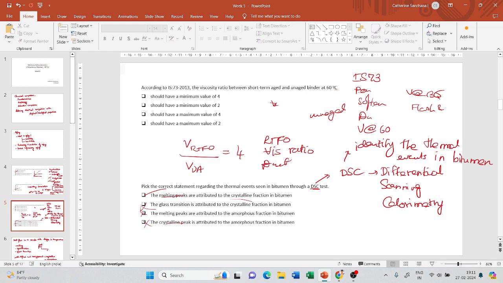If the ratio is more than 4, it means that your sample is highly susceptible to aging, right? Because your properties have drastically changed on aging, just on short-term aging. That is why you are limiting it to a maximum value of 4.